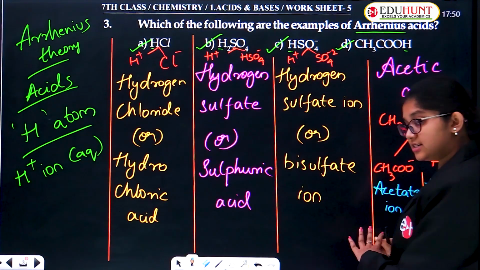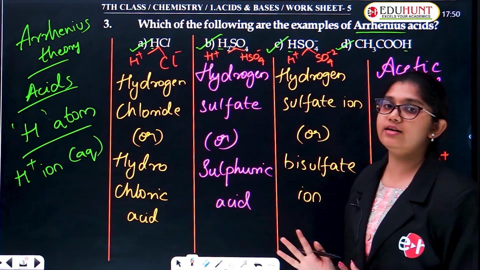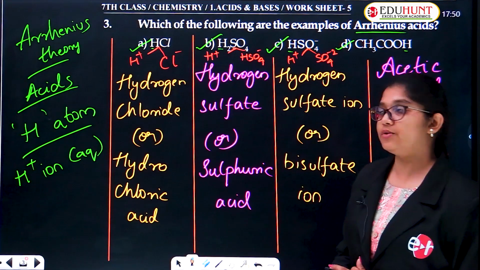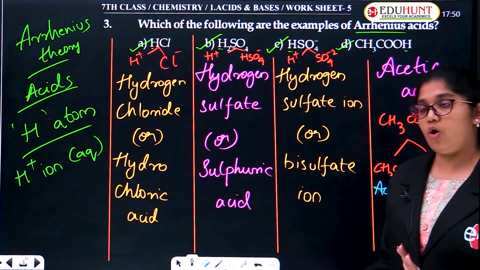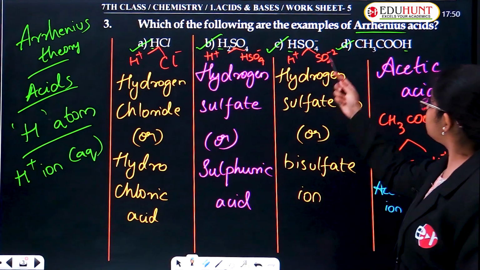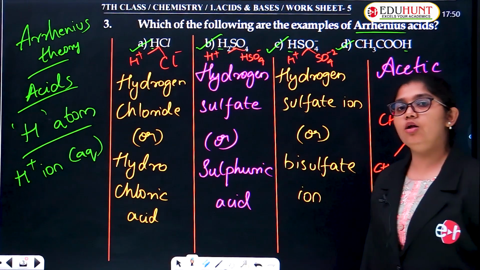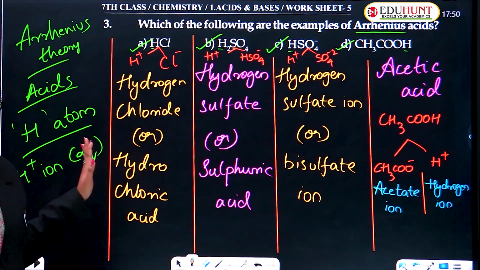So note all these things and keep on revising them. At one point of time, you can happily read all that on your own. So these all have H plus ions, hence we can name all the options A, B, C, D as acids regarding the Arrhenius theory. Clear?